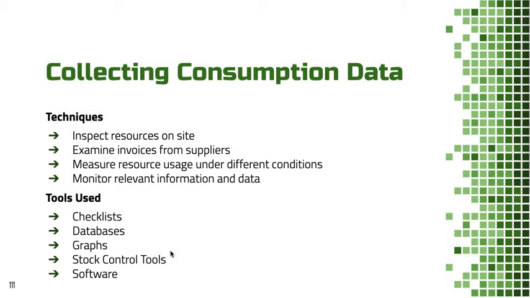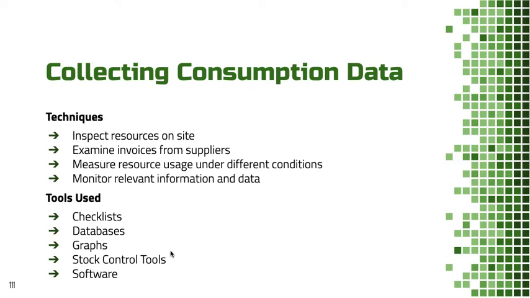So I guess then the question is, how do we get the data around how much of our resources we use and the impact that we have on the environment? Well, I guess we need to use a combination of techniques and a combination of tools.